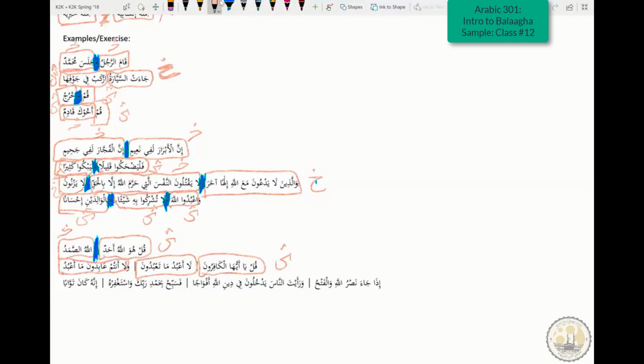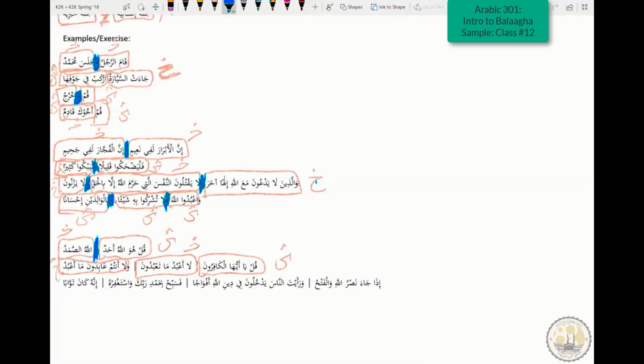Second sentence or ayah, لا أعبد ما تعبدون. Khabariyya. Right? There's no talab or ghayr talab here. Okay? ولا لا أنتم عابدون ما أعبد. The third sentence. Khabariyya or insha'iyya? Khabariyya, mumtaz. Okay? Khabariyya.